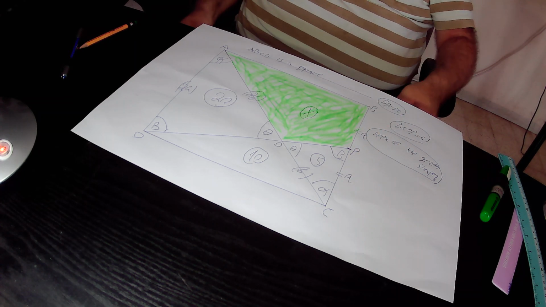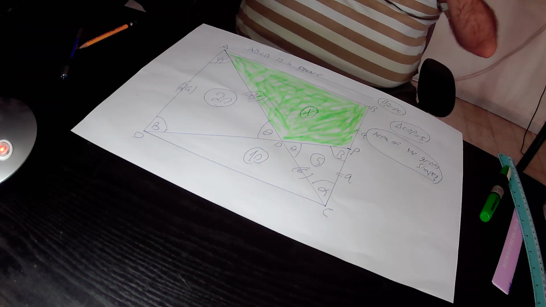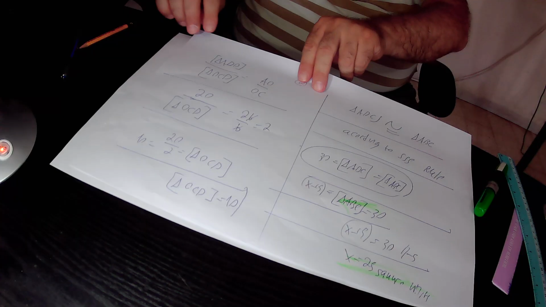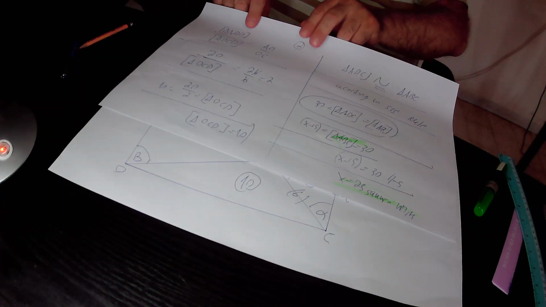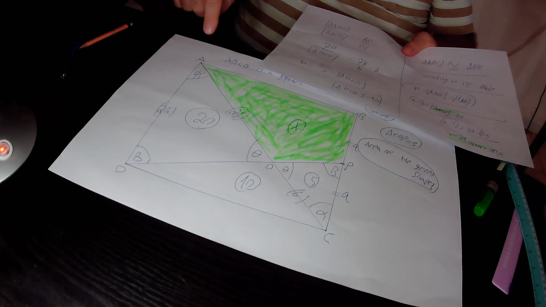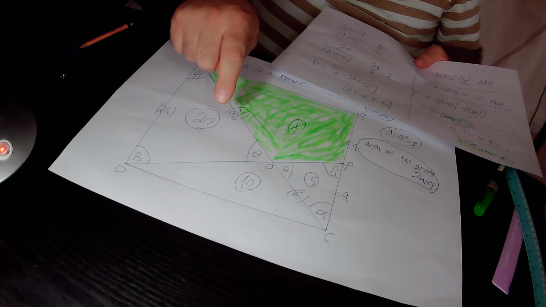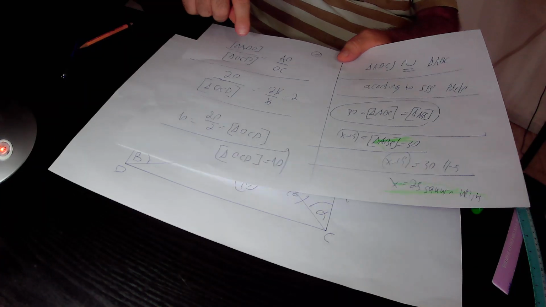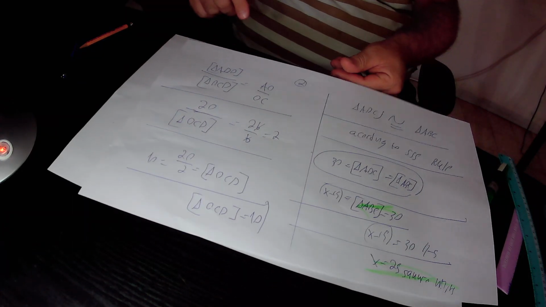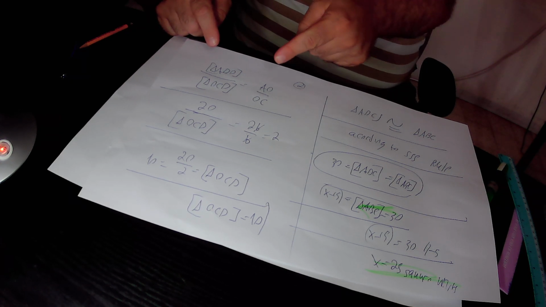So the ratio between the area of the small triangle ADO over the area of the other small triangle OCD is equal to AO over OC. Again, the ratio between the areas of the smaller triangles is equal to the ratio between their bases.